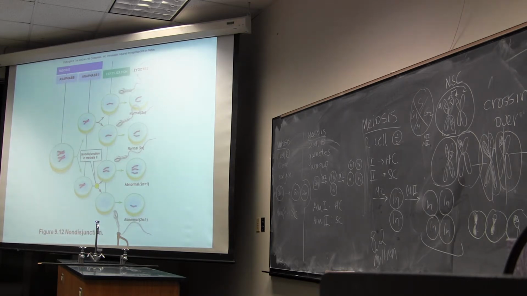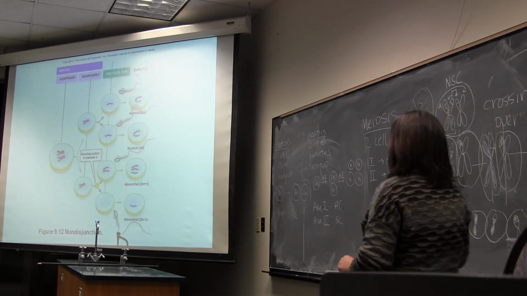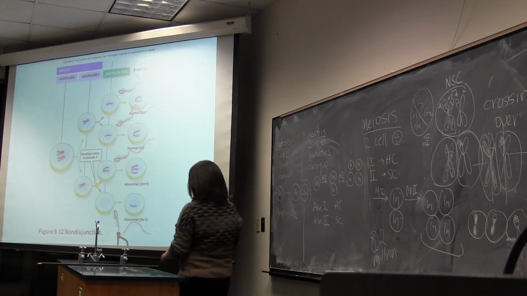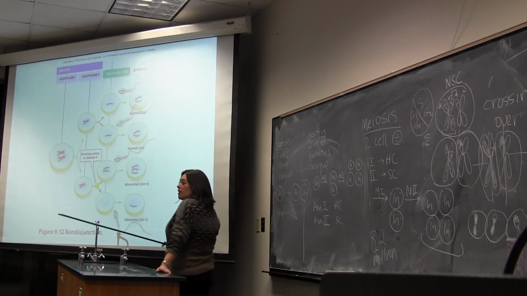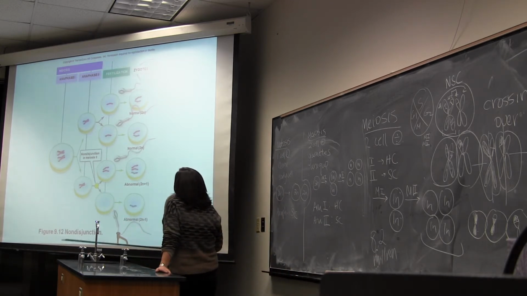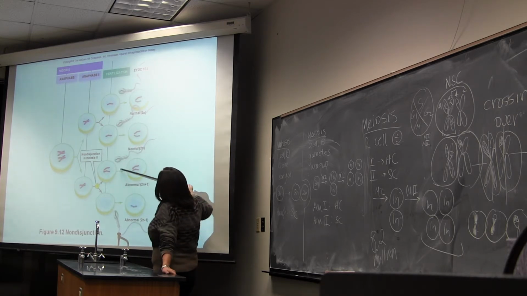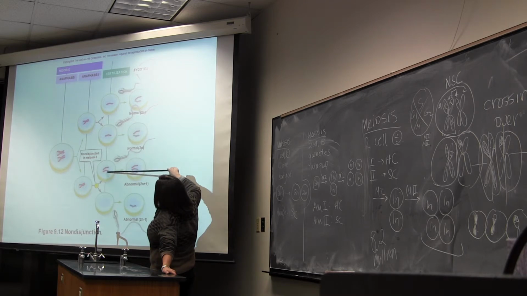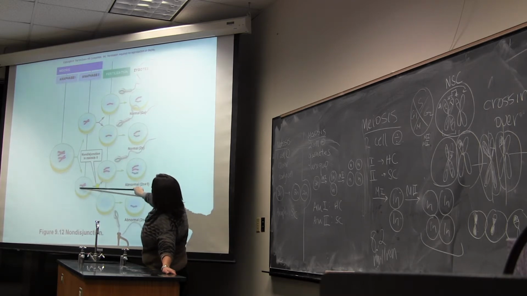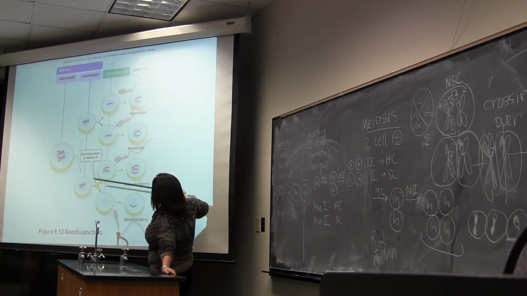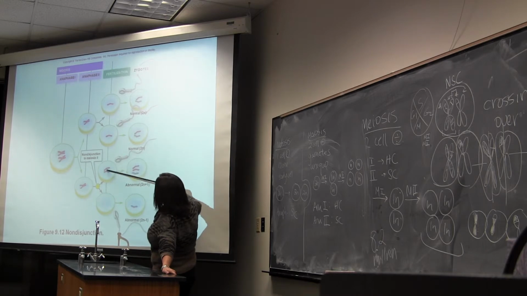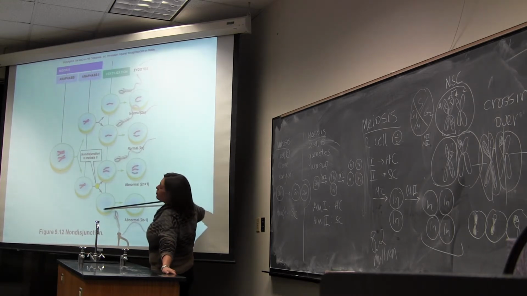And so this picture right here is looking at the same thing, but instead of non-disjunction occurring in anaphase 1, this is showing non-disjunction between the sister chromatids. So in this case, this is meiosis 2, we're supposed to be separating the sister chromatids from one another. But instead of getting 1 here and 1 there, you end up with 2 here and 0 here.